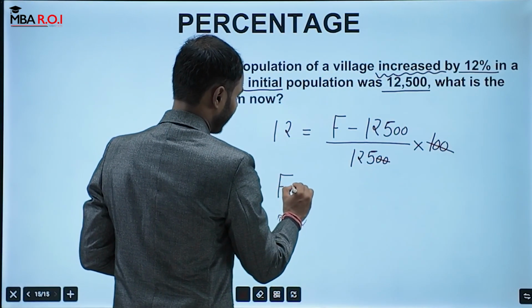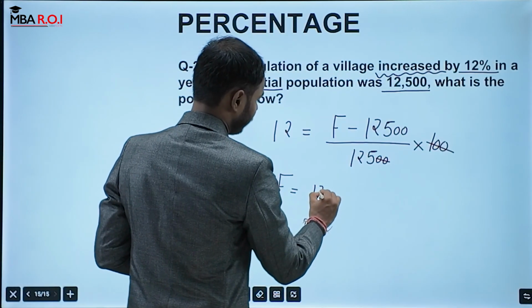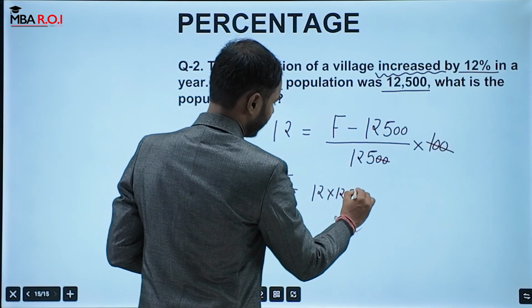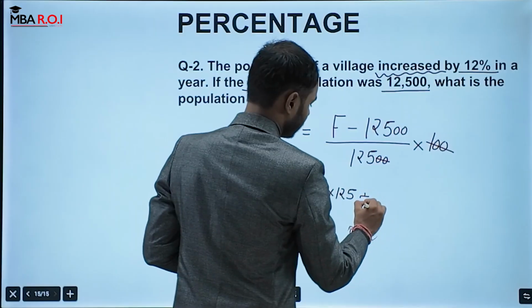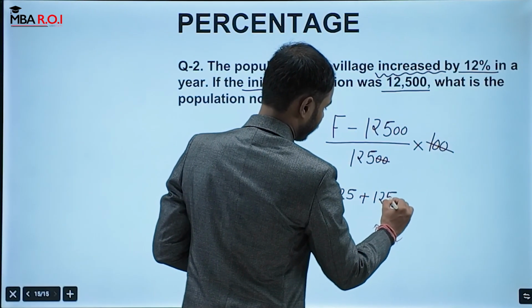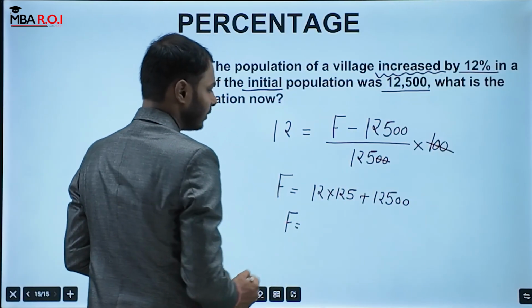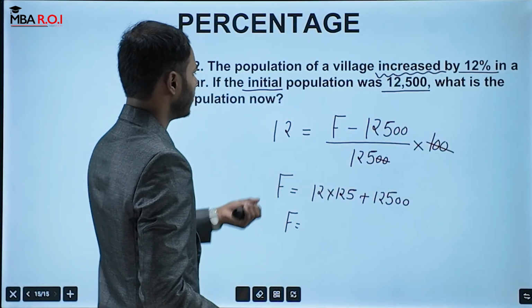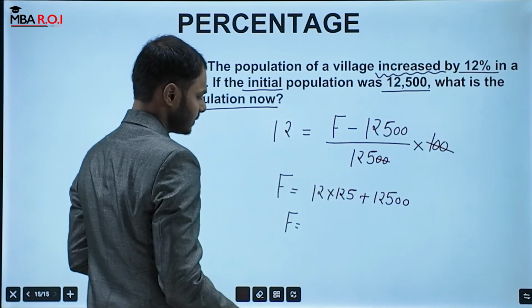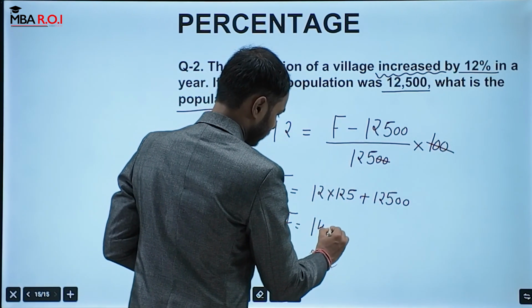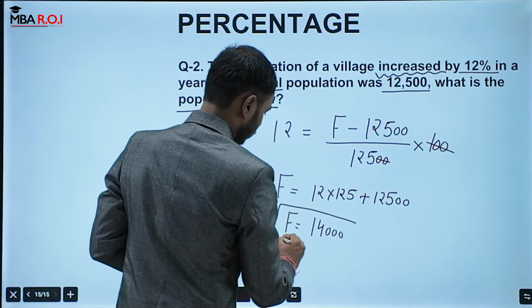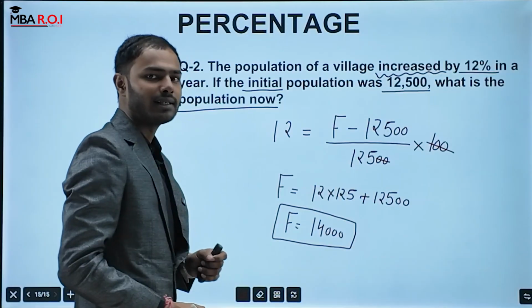So the value of f will be 12 times 125 plus 12,500. So we can say that finally the value of the new population, or the population now, comes out to be 14,000. So this is the final answer that we have.